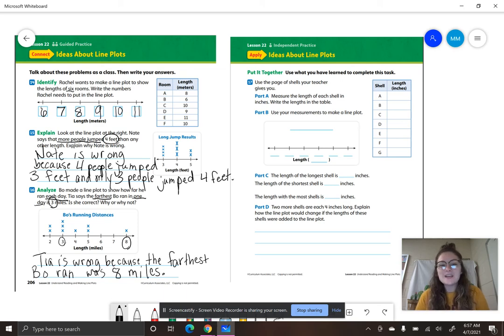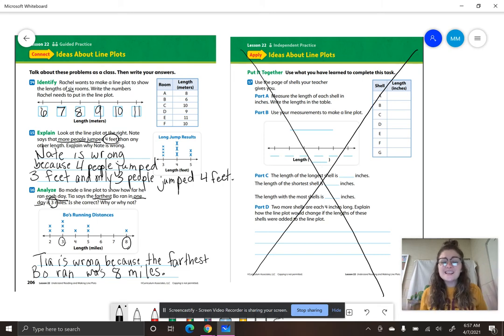All right, let's go to page 207. It says, use the page of shells your teacher gives you. Measure the length of each shell in inches. All right, so Smarties, unfortunately, we are not going to be able to do this page. So go ahead and put a big X through it, because I don't have shells to give you.